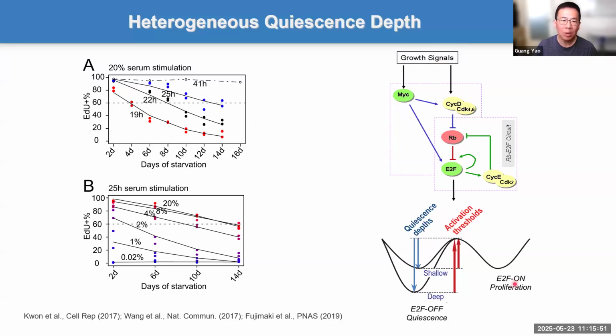Then to E2F it becomes bistable. So somewhere in this transition, they convert from a monostable system to a bistable system. So this is the first bistable system in the cell cycle entry from quiescence.